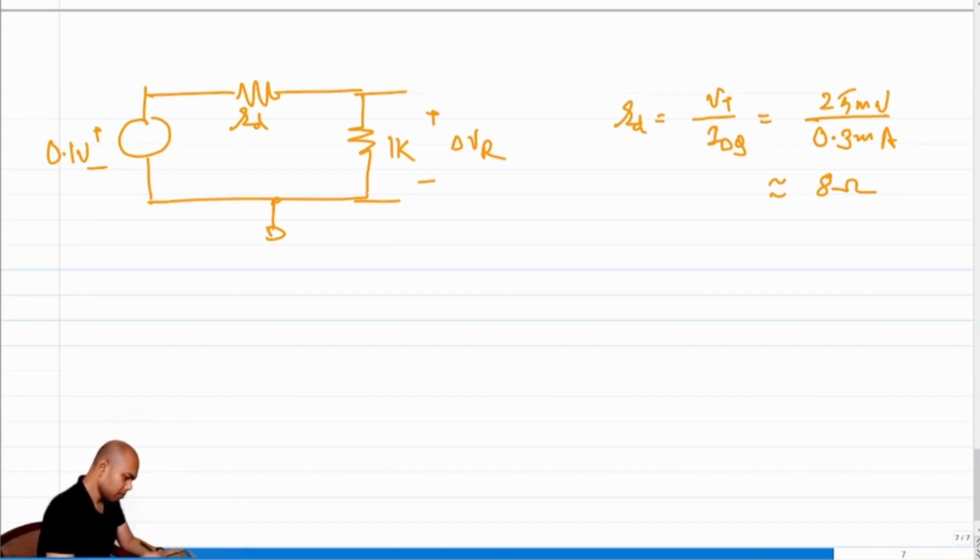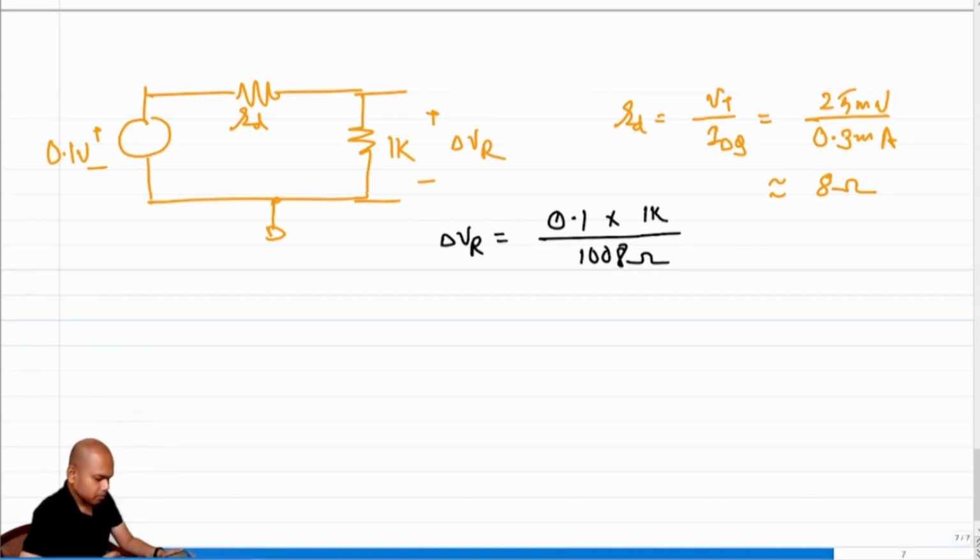So now my delta VR is nothing but 0.1 times 1K by 1008 ohms, 1 kilo ohms, or let me simply replace it by 1000 ohms, correct? So whatever that value might be, this is that value, okay?